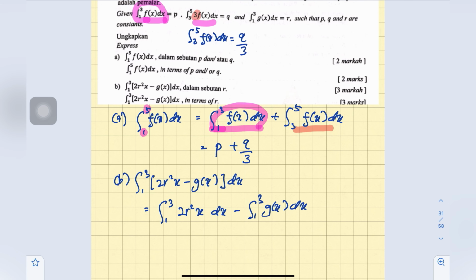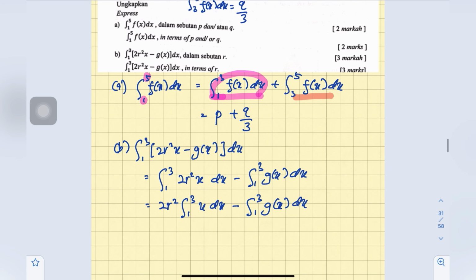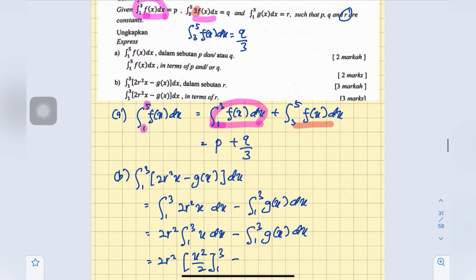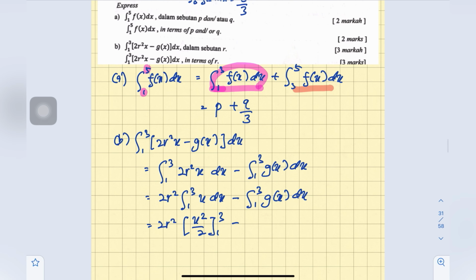Now given here r is a constant, so we can take it out: 2r squared times integral from 1 to 3 of x dx minus integral from 1 to 3 of g(x) dx. Then integrate: x gives x squared over 2, minus g(x) dx. Where is g(x) dx? This one equals r. So all this equals r.